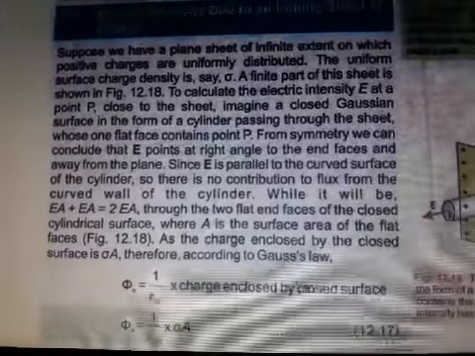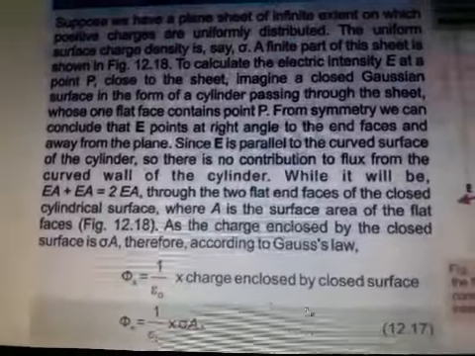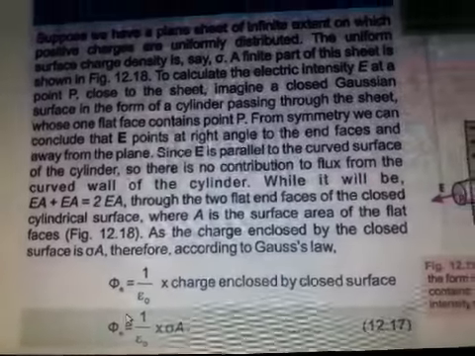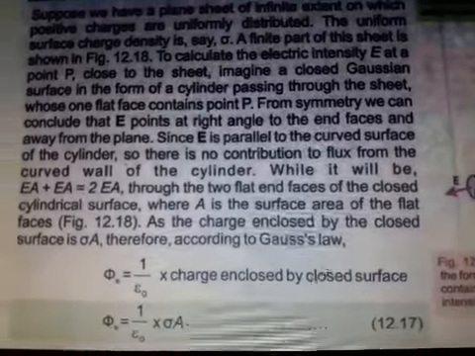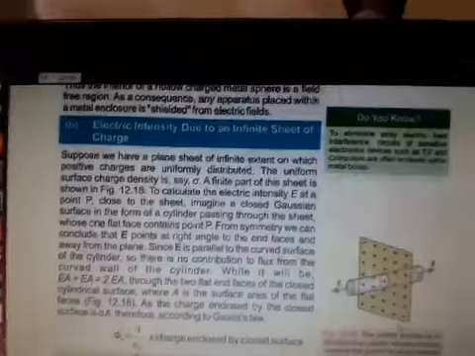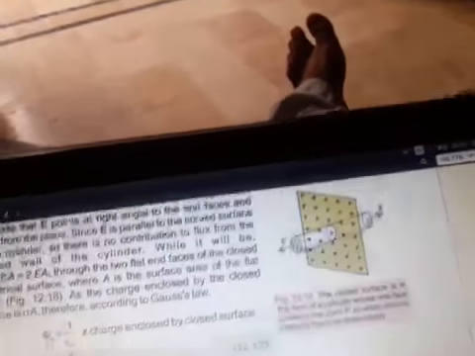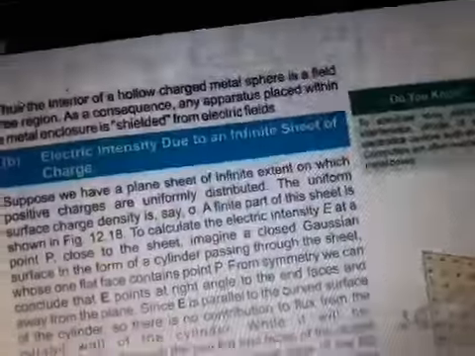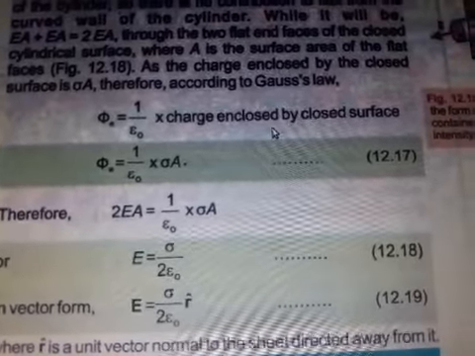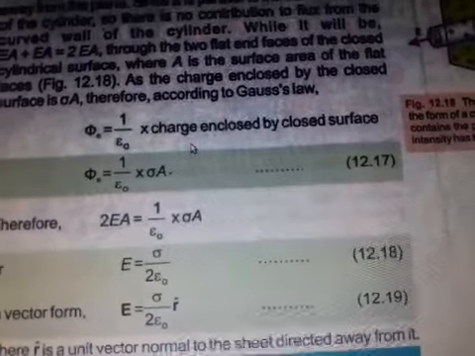Also by Gauss law we know that the flux through a closed surface, or through a Gaussian surface, is 1 over epsilon naught times the total charge enclosed. So mathematically, phi through this Gaussian surface is phi equal to 1 over epsilon naught times the total charge enclosed by the closed surface.